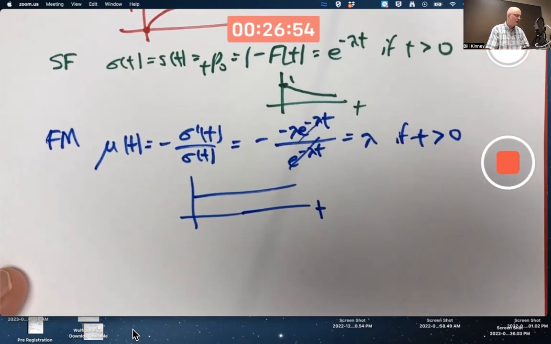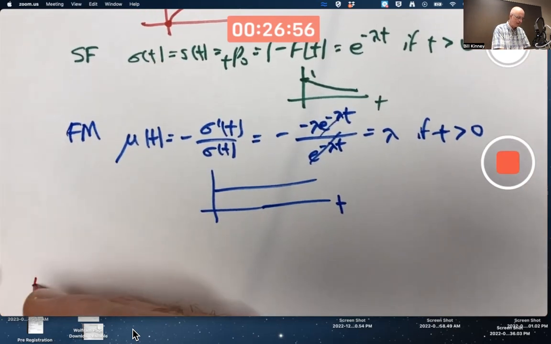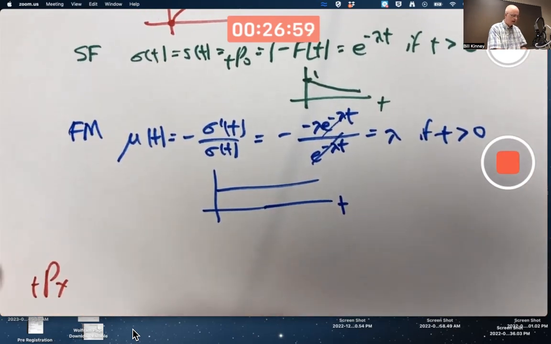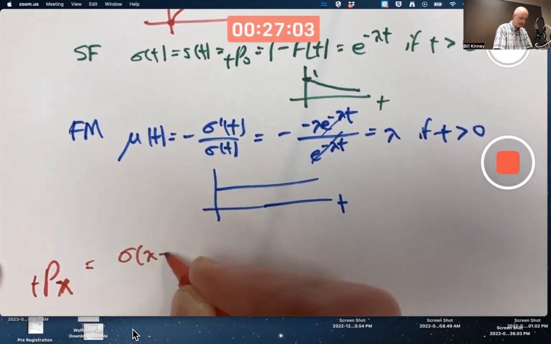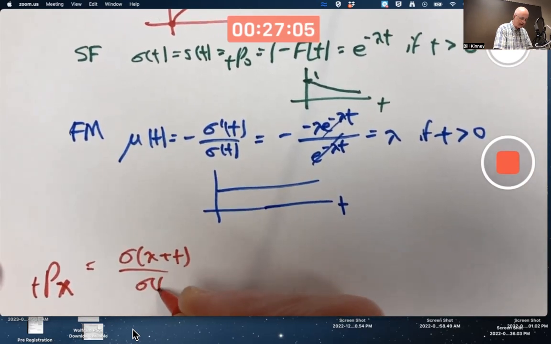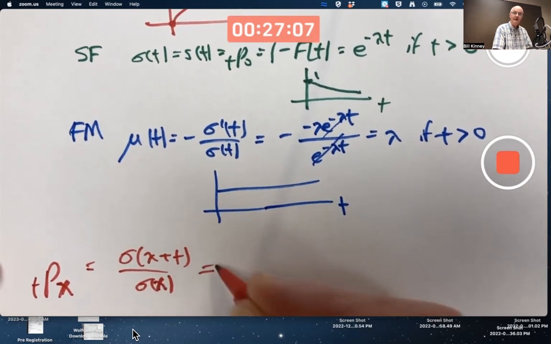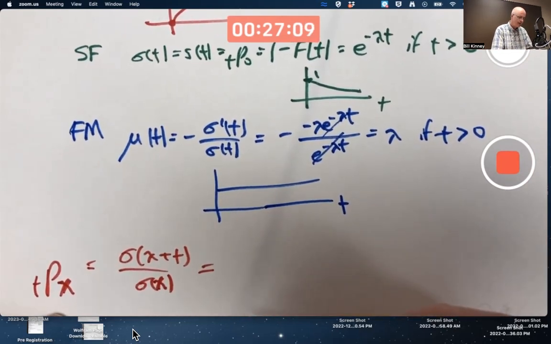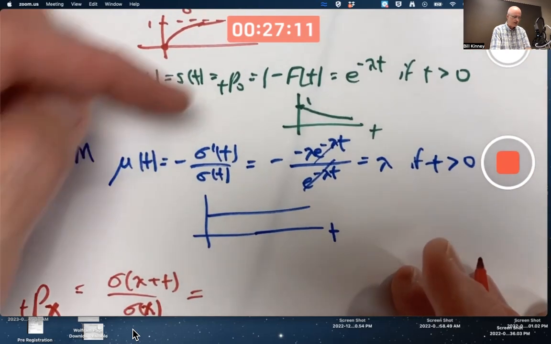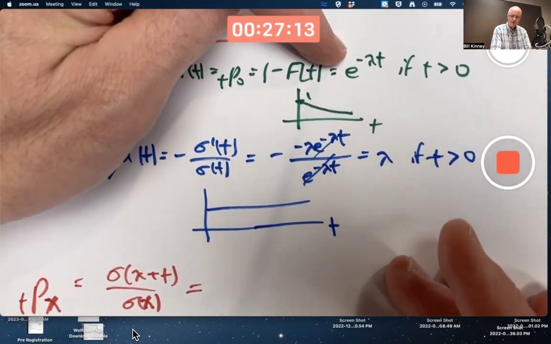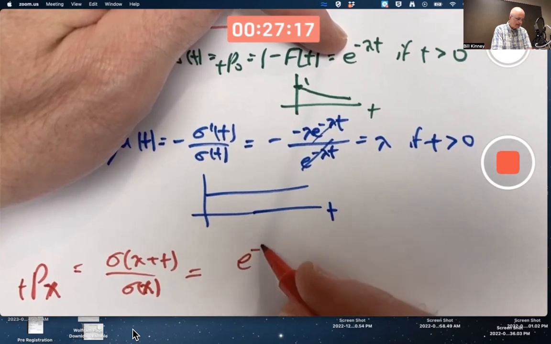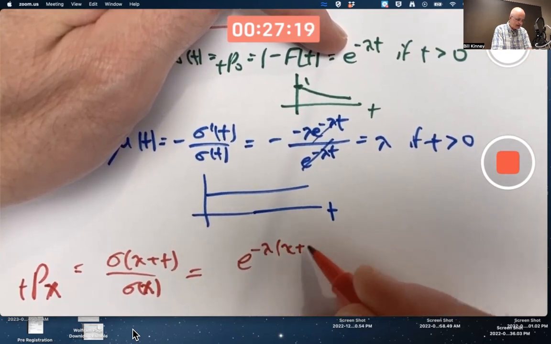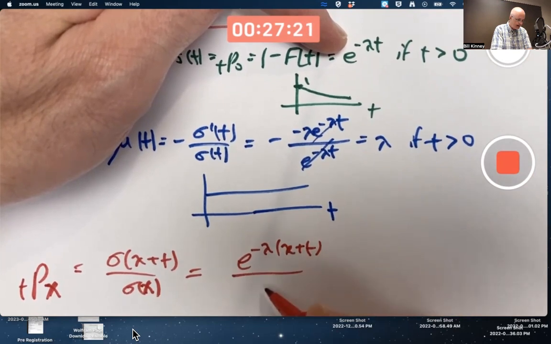Anyway, coming back to comparing tPx now, in this context, writing it as sigma of x plus t over sigma of x, what happens here? Something interesting happens. I'm going to use this formula here. I get e to the negative lambda times (x plus t) divided by e to the negative lambda x.